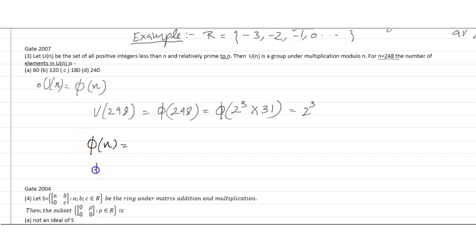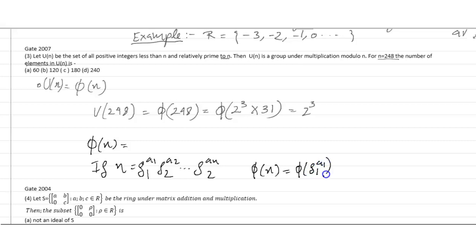Suppose n = p1^a1 p2^a2 ... pn^an. So φ(n) can be written this way: φ(p1^a1) φ(p2^a2) φ(p3^a3) ... φ(pn^an).